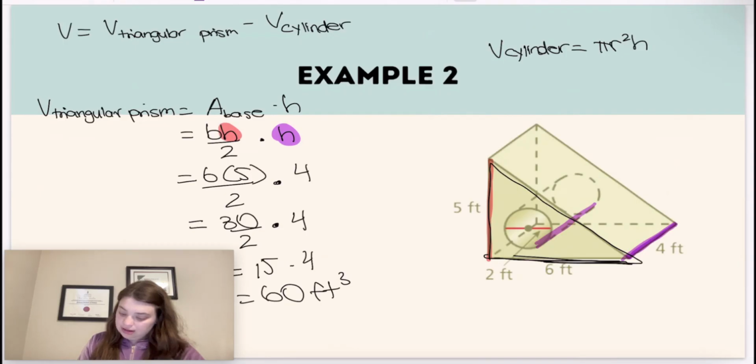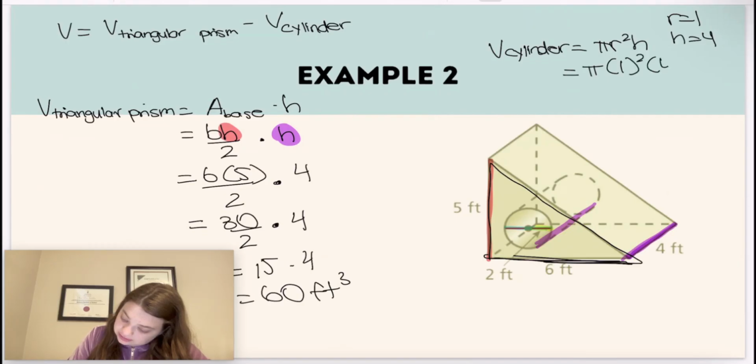As for the radius, well, the diameter is 2 feet, and so the radius is just going to be half of that. The radius is going to just be 1 foot. So therefore, radius is 1 and height is 4. So we have pi times 1 squared times 4, which is equal to 4 pi cubic feet.